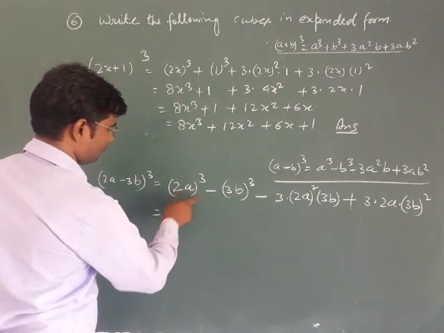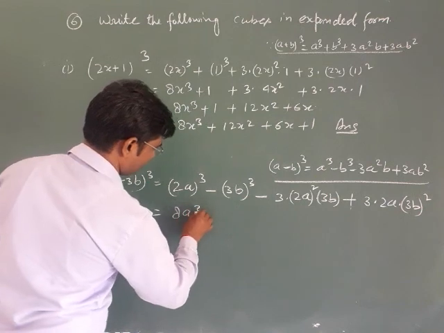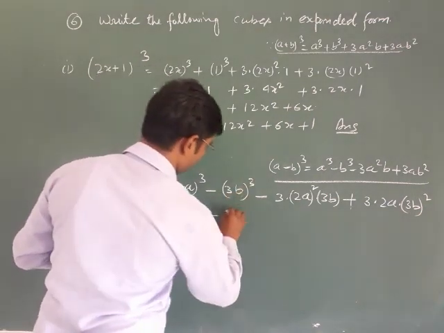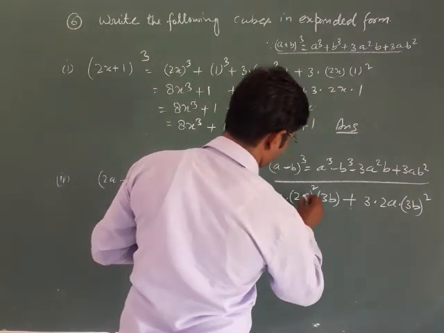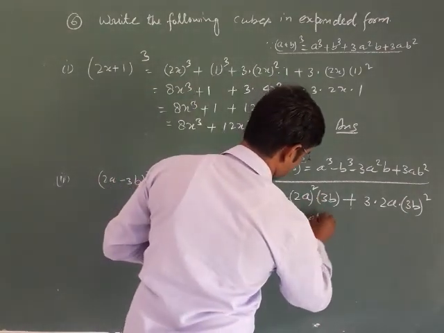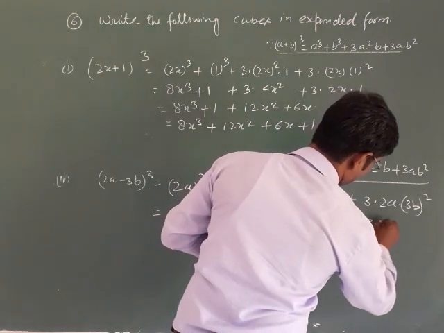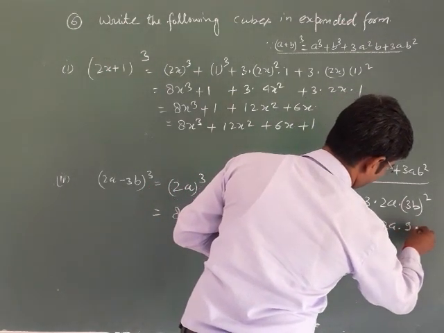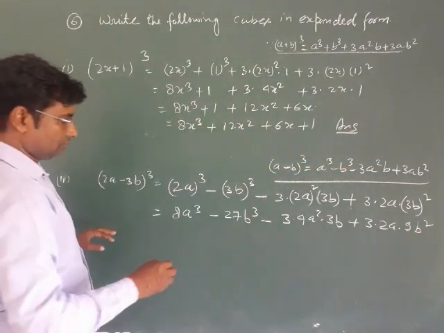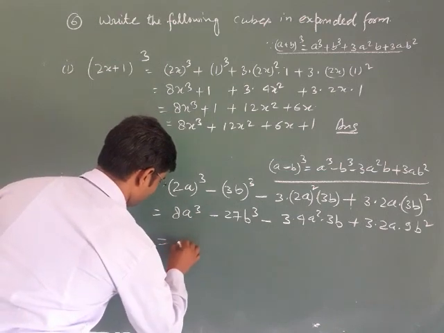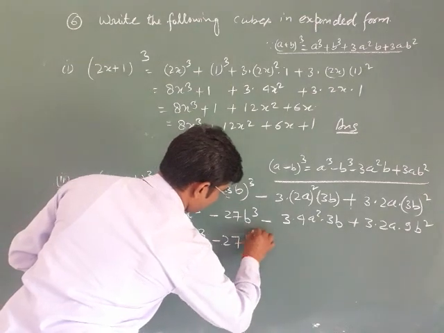So now we can write 2 cube 8a cube minus 3 cube 27b cube. So minus 3 into 4a square into 3b plus 3 into 2a into 9b square. So also we can write 8a cube minus 27b cube.